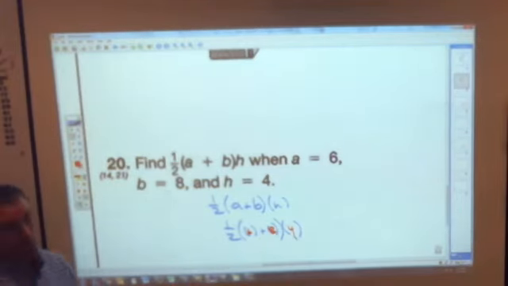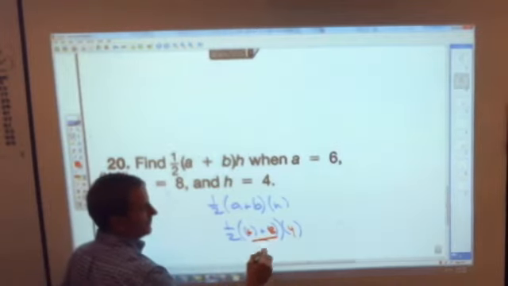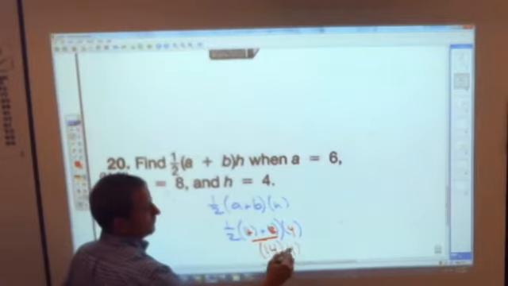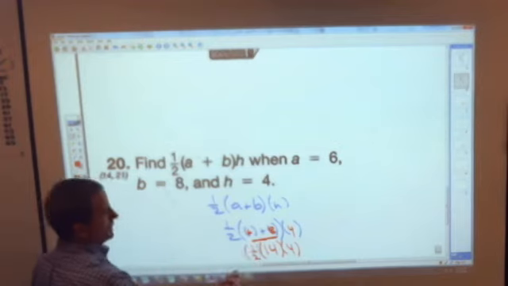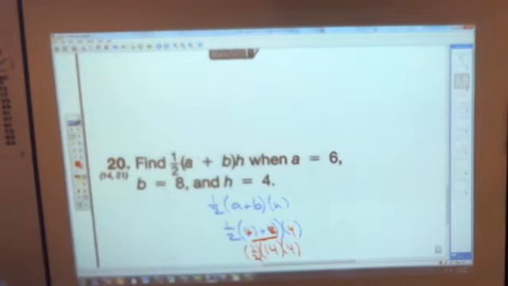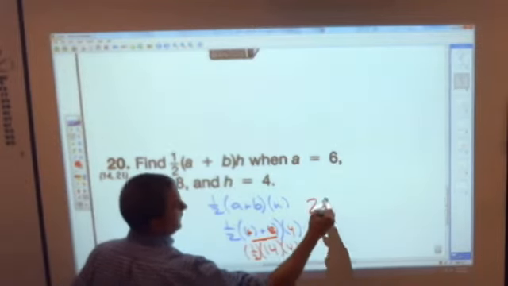Parentheses, says right there, blue top. What do I get if I add 6 and 8 together? 14. I now have this left. Multiply by 4, multiply by 1/2. Doesn't matter the order, it's all multiplication. What is half of 14, John Licht? 7. And what's 7 times 4, John Licht? 28.